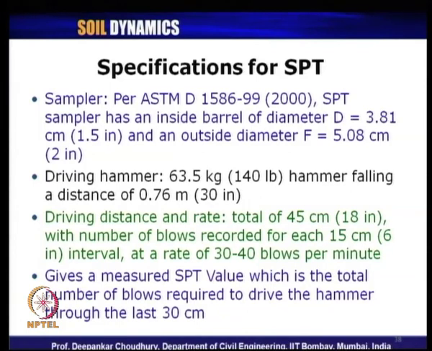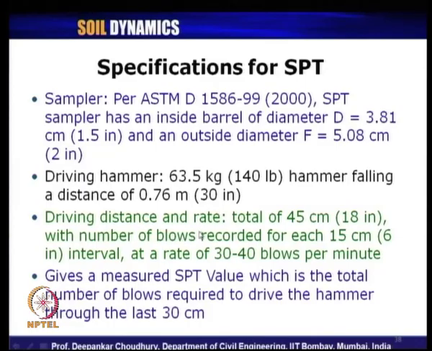Then we have the inside diameter ratio and outside diameter ratio; all these factors have to be maintained for minimum disturbance to a collected soil sample. And the driving hammer used in SPT as per the ASTM standard is 63.5 kg, which is about a 140 pound hammer, falling from a height of about 0.76 meter, which is about 30 inch.